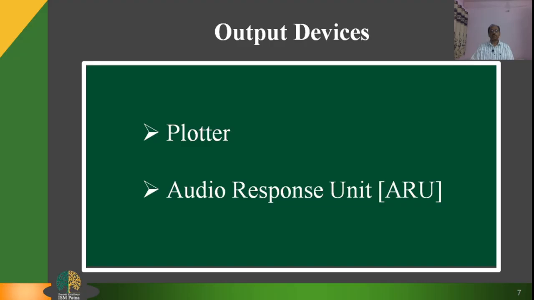And one more way by which we take output is the audio response unit. In short, we say ARU, in which we get audio output. An audio output permits the computer to talk with people.